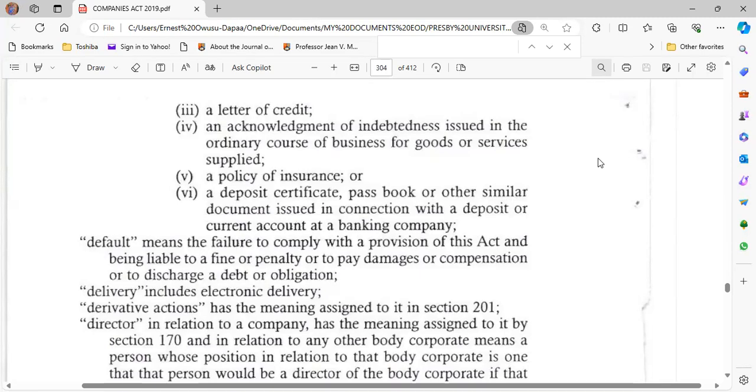So people go and deposit money, either fixed deposit or usual savings and current account deposits. So you are given a document which is evidence that you have deposited 10 Ghana cedis in the particular bank.